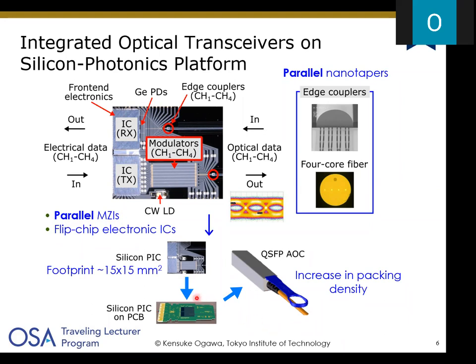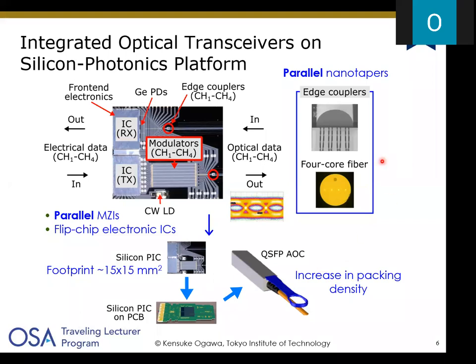This chip can be mounted on a PCB to assemble QSFP, active optical cables, or other optical transceivers in a small footprint and low profile. These parallel lane devices have an advantage of increasing packing density in small form factor optical transceivers.